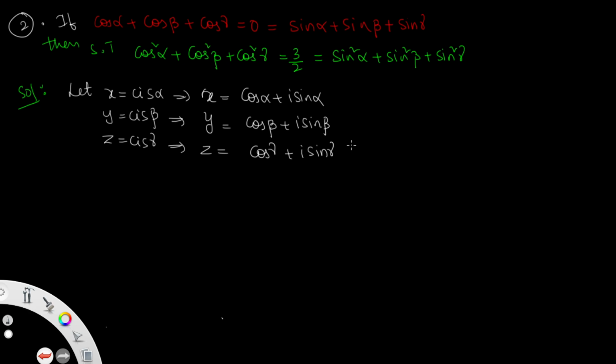Just to simplify x plus y plus z now, that is cos alpha plus cos beta plus cos gamma plus i into (sin alpha plus sin beta plus sin gamma).